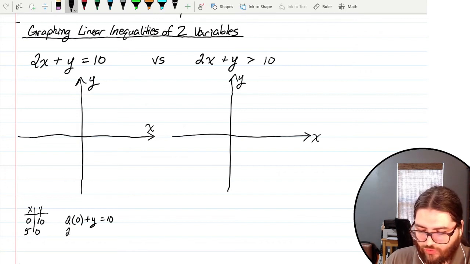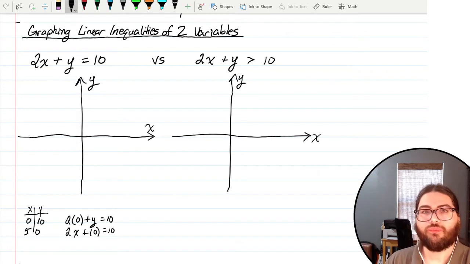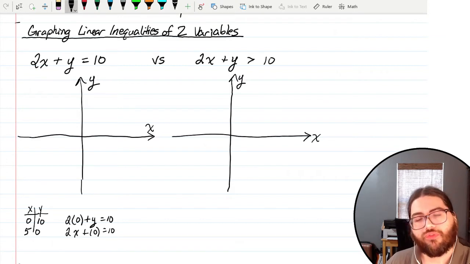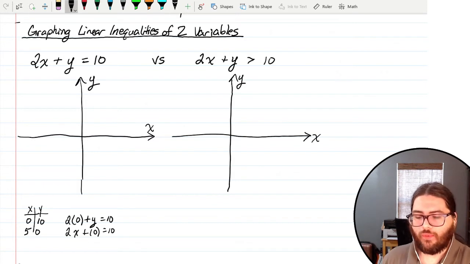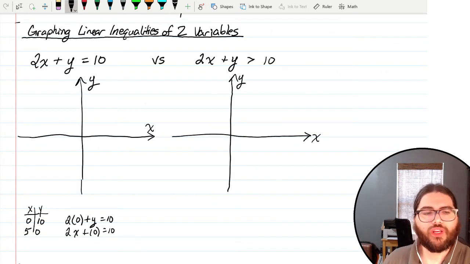Write out 2 times x plus 0 equals 10. Solve that equation. Just know that if you have the ability to do that in your head, it will make things faster. I will never complain that you have to write that out every time. I have lots of students who do. But that's one of those things that we'll be doing enough that I think is worth practicing a little bit.